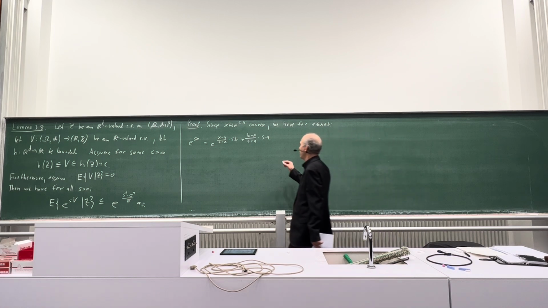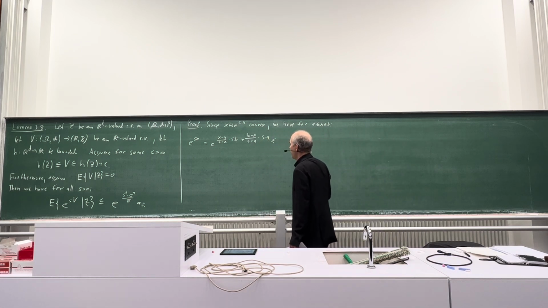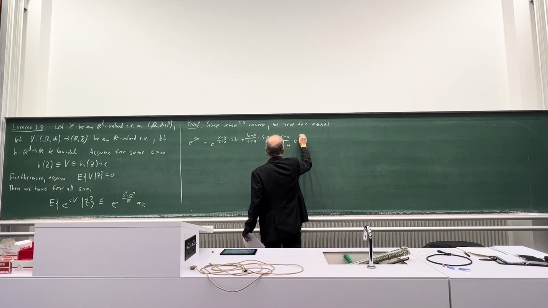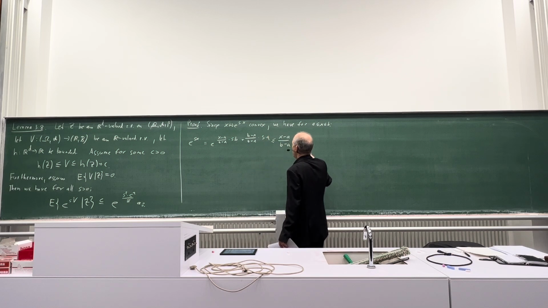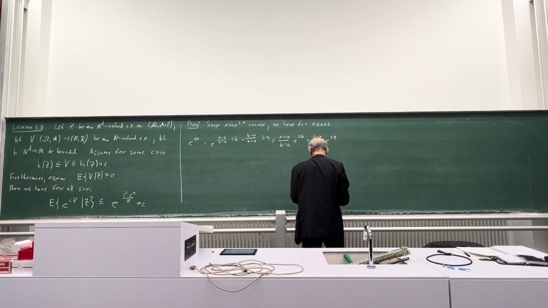So that's less than or equal to x minus a divided by b minus a times e to the sb, plus b minus x divided by b minus a times e to the power sa.